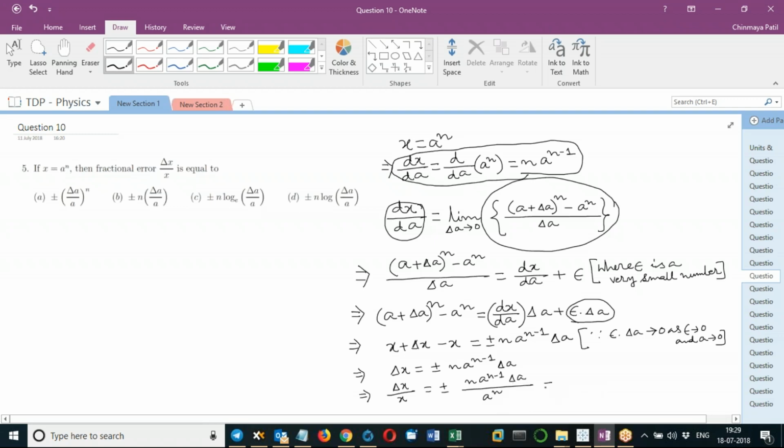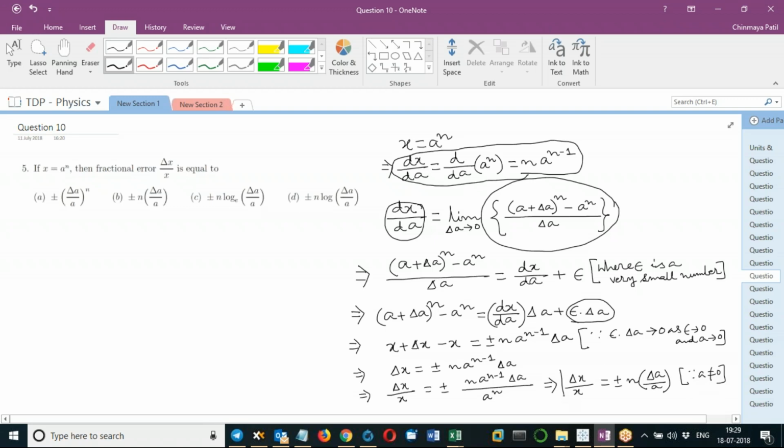So we get delta x by x, that is the fractional error, equal to plus minus n into delta A by A, since A is not equal to 0.